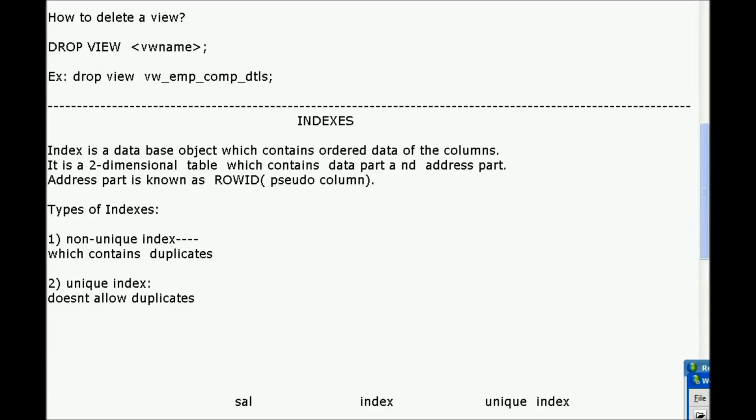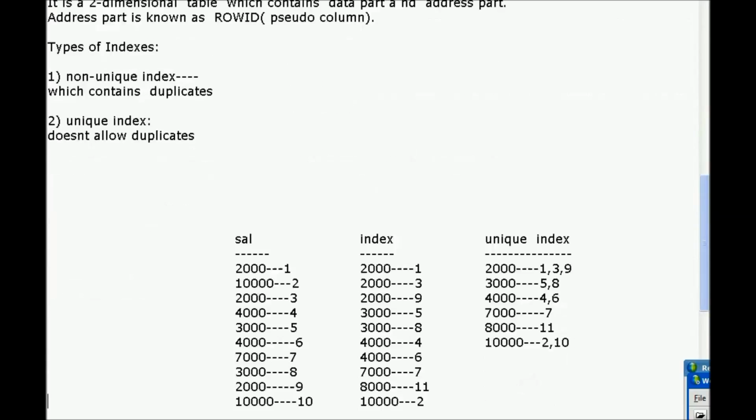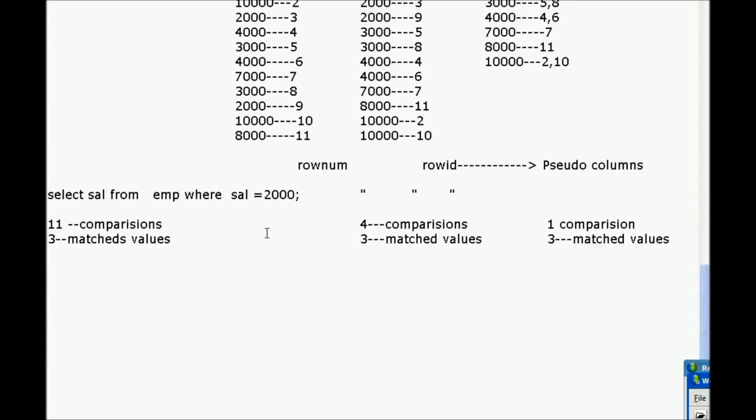Another way to classify is the simple index. If an index is created on a single column of a table, it is known as a simple index, and it is also a non-unique index.